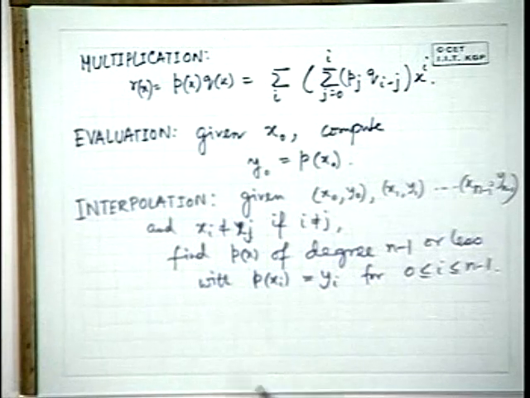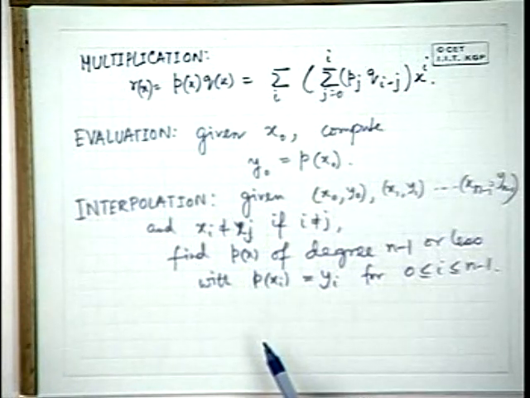So interpolation is just the reverse operation of evaluation. In evaluation, you are given the values of x, and you evaluate the function at those values. And in interpolation you have been given a set of n values, which are the values of the polynomial at n given points. Then you are asked to find out the actual polynomial.